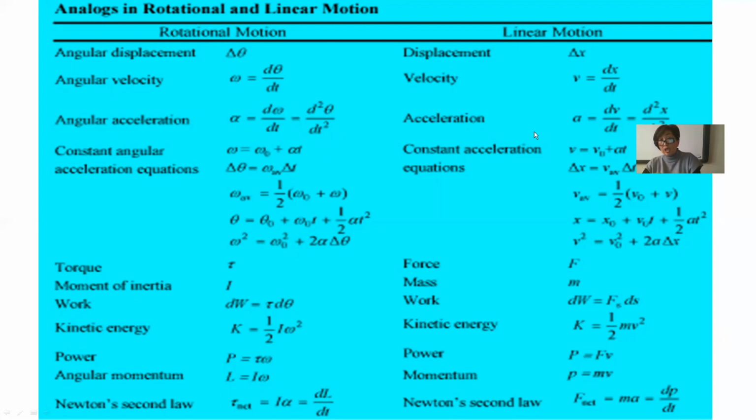We know acceleration is a characteristic of the motion: the first derivative of the velocity and the second derivative of the position.